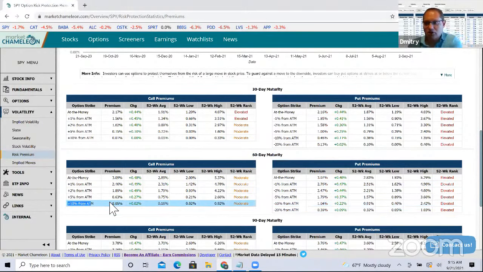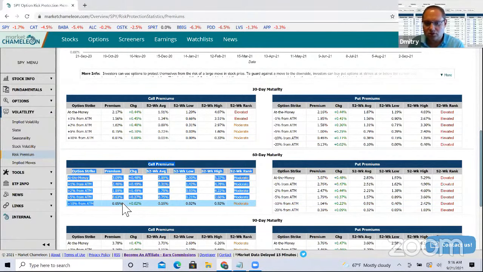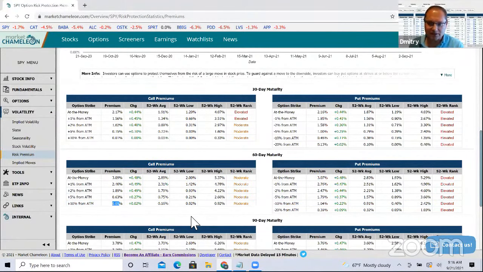When we go to the options chain, we're going to get as close as we can to 60 days maturity, and as close as we can to 10% and 10%. So it's not exact, but these benchmarks are giving us approximations. So what we should see is that this put is approximately going to be this much higher than this call.